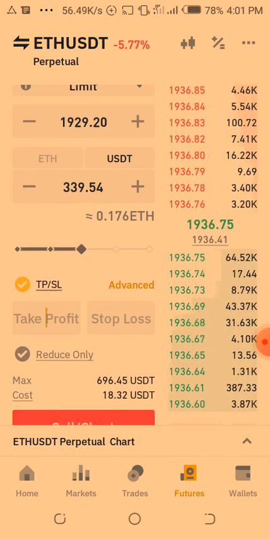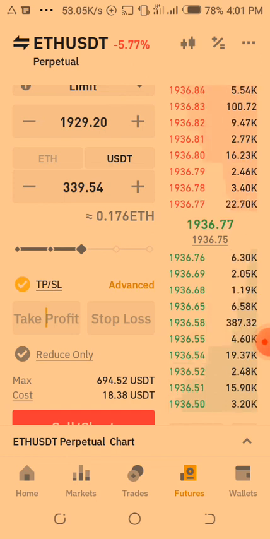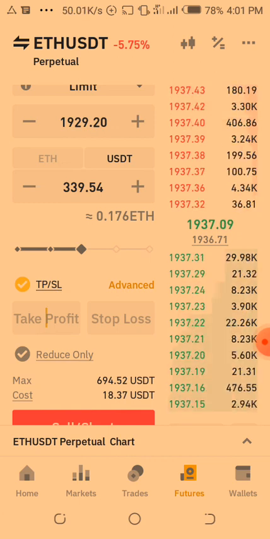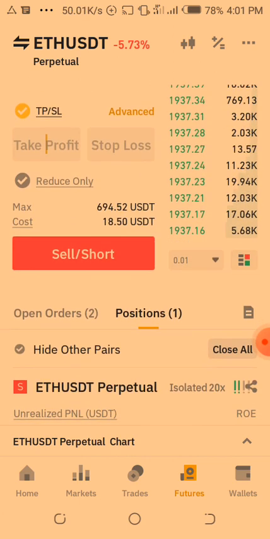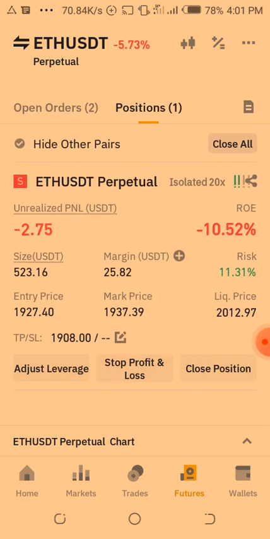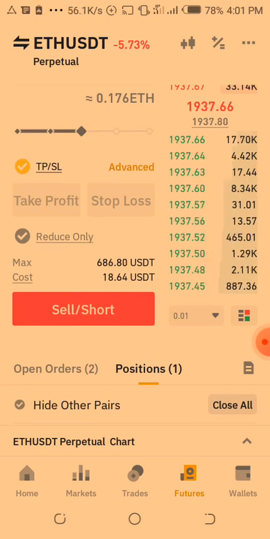On this TP/SL, I will not always advise you to work with this, but you can set this in advance. But always go back to this place. You see another stop profit and loss. Always come here to set your stop loss and take profit properly, because this might not be effective if the trade eventually books.